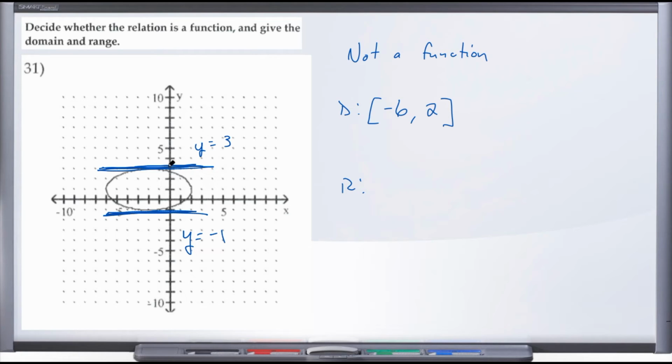So we start at -1, and as we read up, going from smallest to greatest, we go from -1 up to 3, and we're using brackets here because we're dealing with real numbers. And so there we have it. Not a function. Our domain is -6 to 2, and our range is -1 to 3.